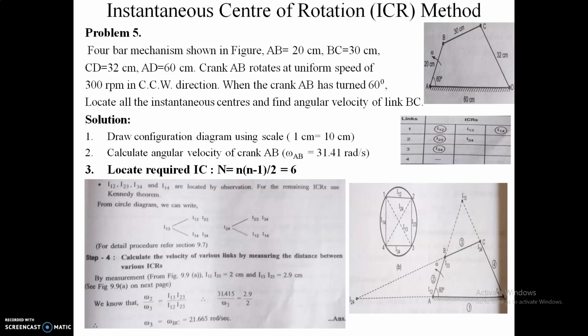So the next step is you have to draw and summarize this particular table, where links are mentioned vertically 1 2 3 4, and horizontally ICR. So IC 1 2, you keep suffix 1 as the name of the row. So I12, then the second suffix you have to increase, so 2, then 3, then 4.